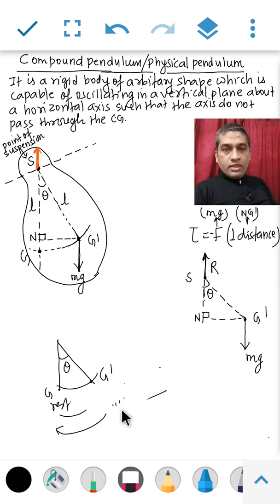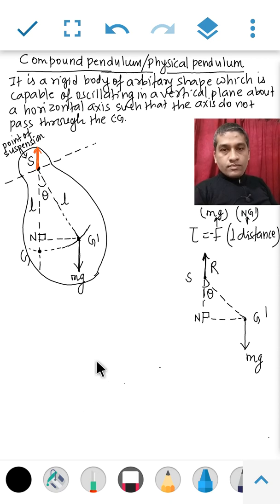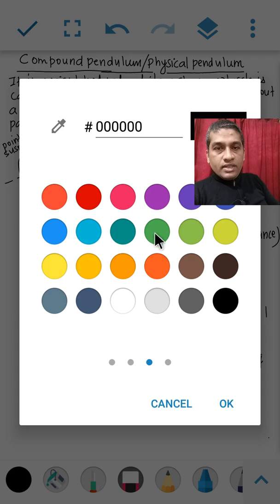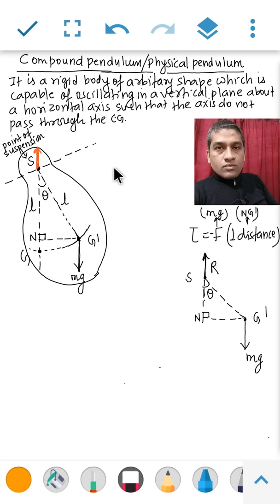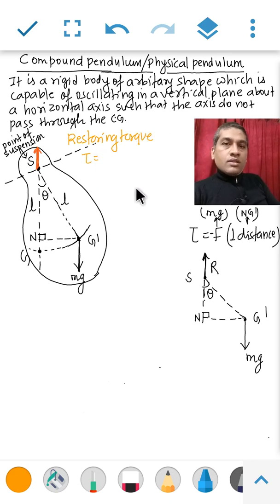So let me erase this. I'm writing over here, so let me use a different ink. Now restoring torque tau equals force, which is mg.